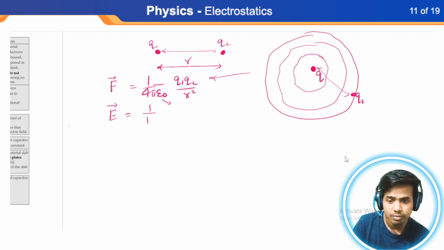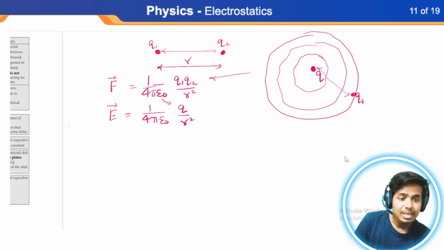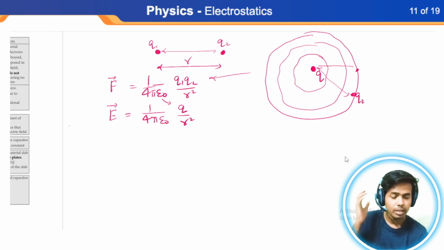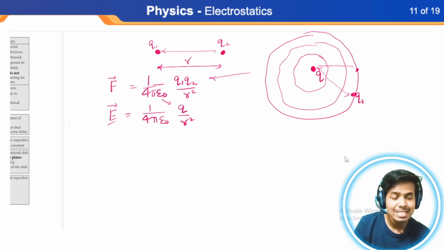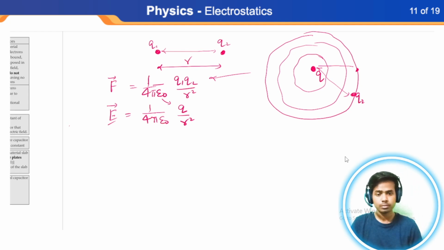So that is 1 by 4 pi epsilon naught q by r square, where r is the distance from, if we are talking about a point at which we want to find the electric field, then what is the distance from the charge itself?